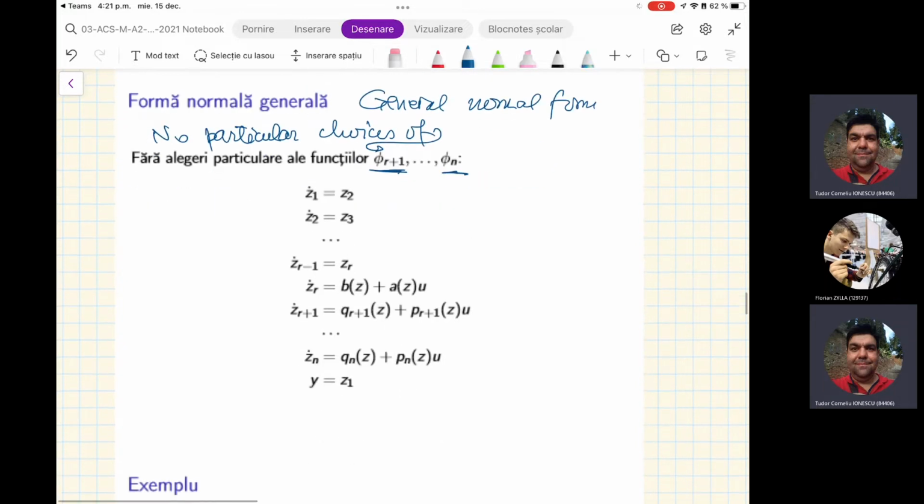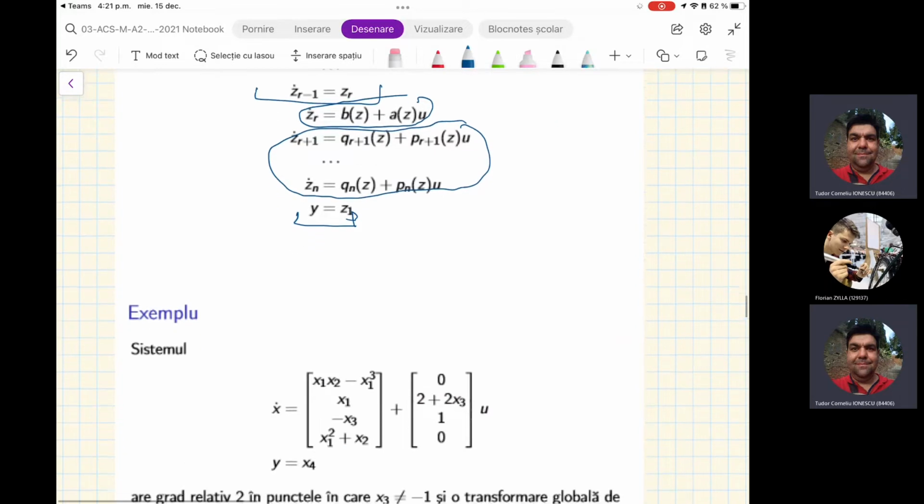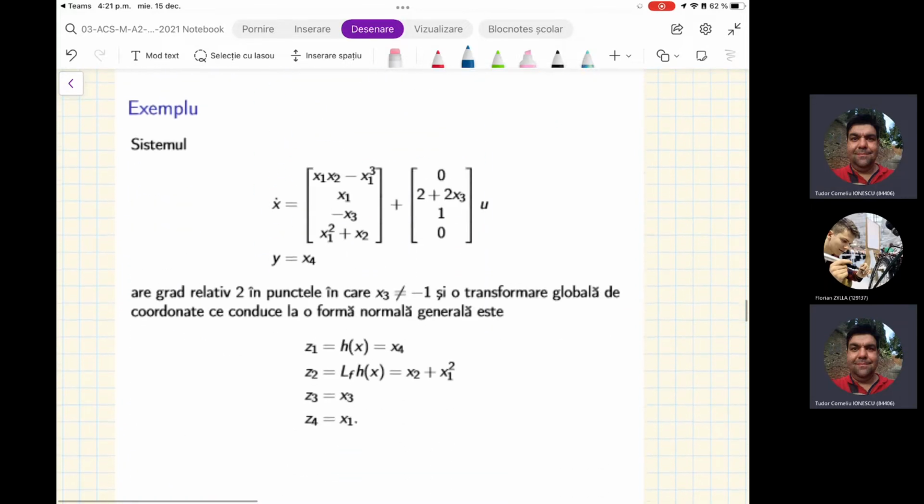Up to the relative degree r, you get this linear part. For the relative degree r, you get this equation, which is controlled. And all the rest of the equations are also controlled by this u. The output is chosen y equal to z1. This is the general normal form.